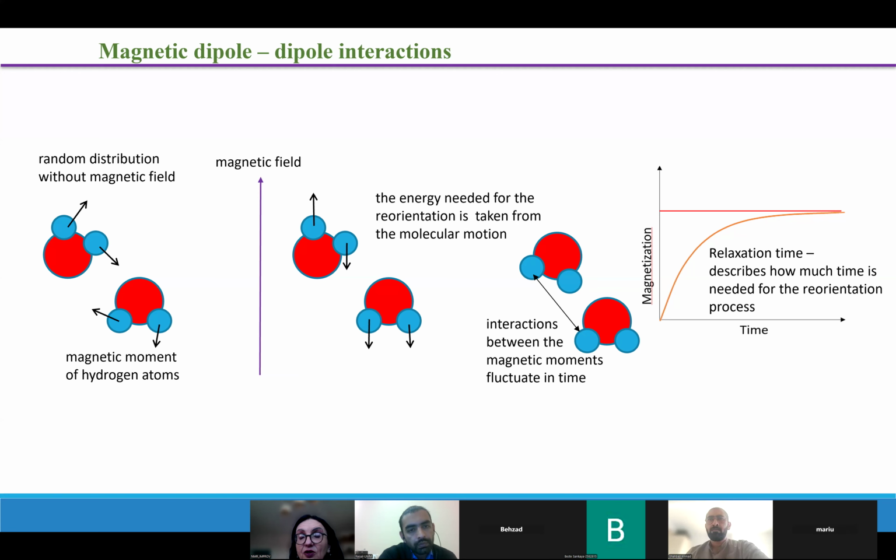So if you take, for instance, a water molecule, it's like, again, high school physics, when you take two magnetic dipoles, yeah? For instance, those old North Pole and South Pole, red and blue magnets, and how they reorient and so on.